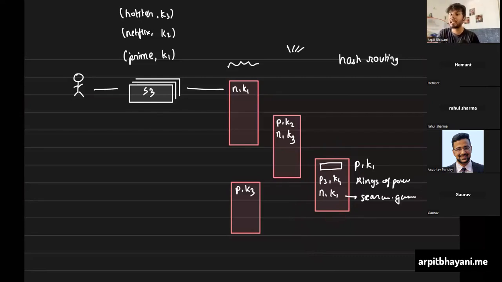But you also see how heavy load on Prime can affect Netflix. So this tells you that we need tenant isolation: somehow we need to ensure that load from one customer does not affect another.